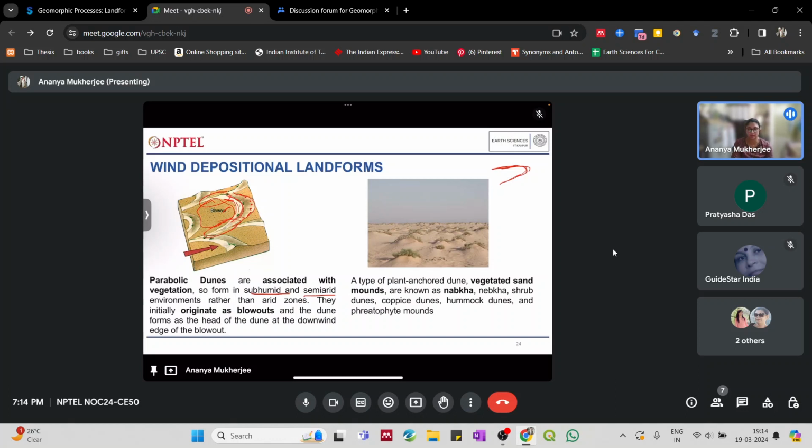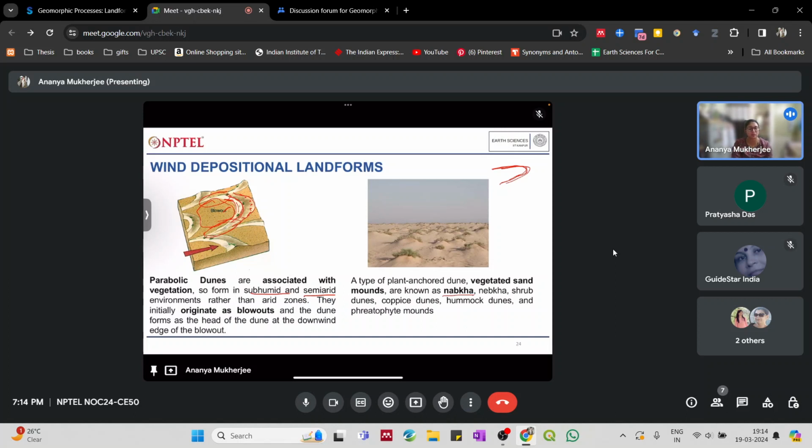The head of the dune is where the vegetation is present, and the downwind parts of the dunes are blown out, and then they can form into blowouts.